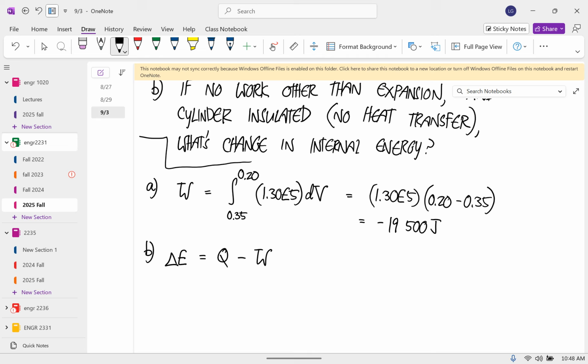If I expand the meaning of E, that says we have the change in kinetic energy plus the change in potential energy plus the change in internal energy is equal to Q, which, well, I'll cancel stuff later, minus W. And we just figured out that W is negative 19,500. So this is minus negative 19,500.